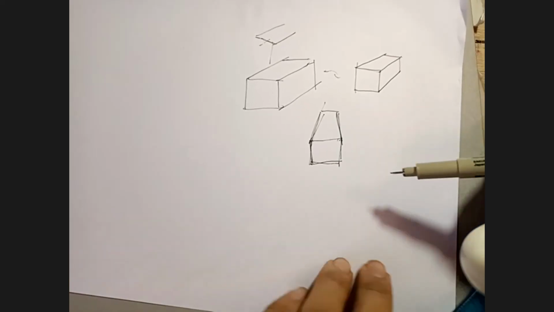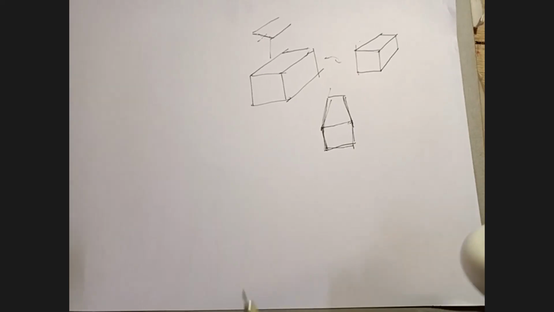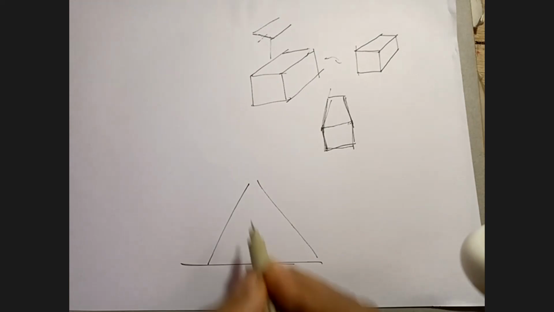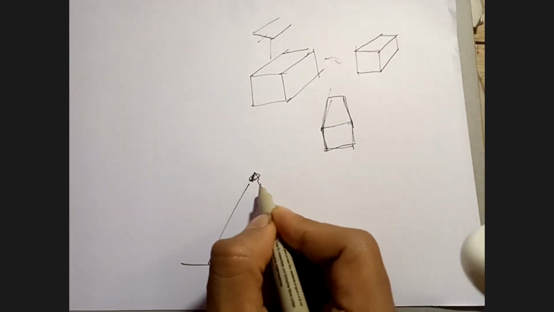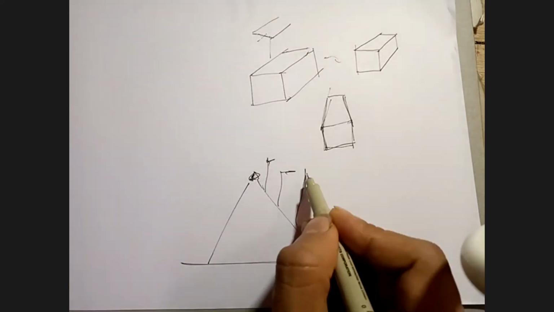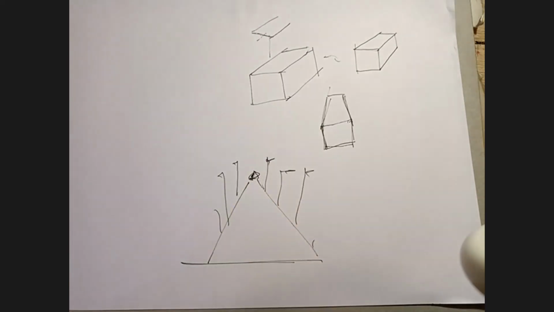Or you would have seen streets. Like this, you can think of a small pathway here, and then you would have seen these lampposts and all of this here, right? So all of these are examples of perspectives.